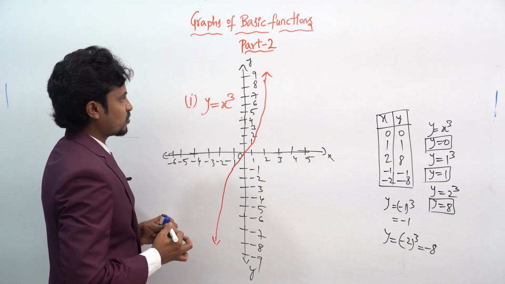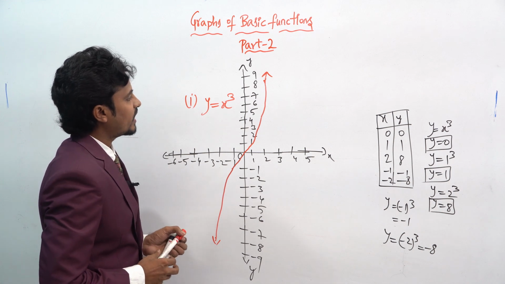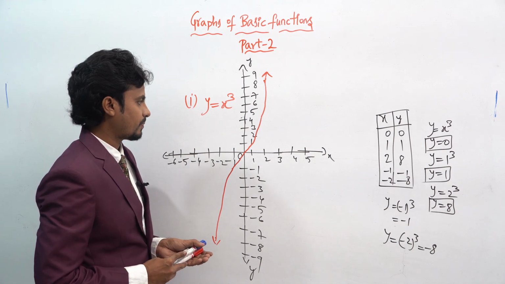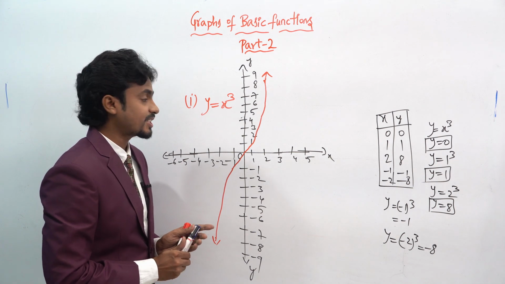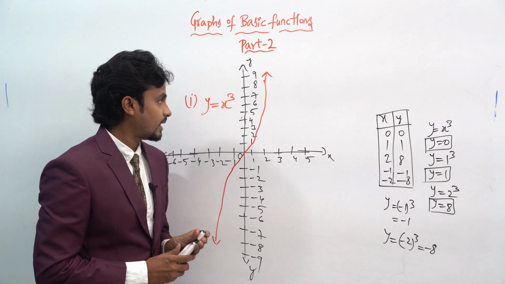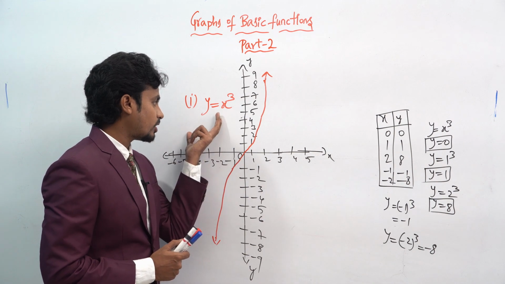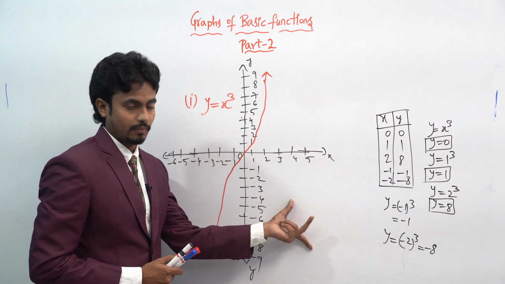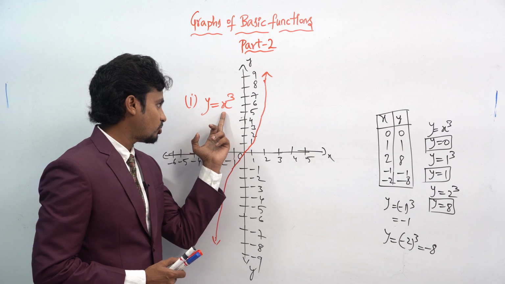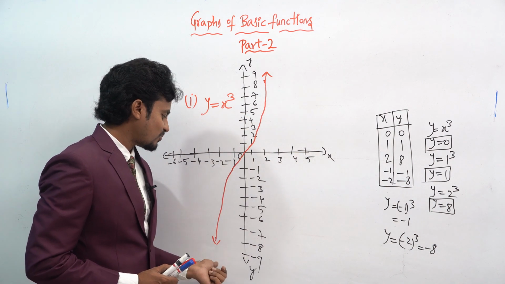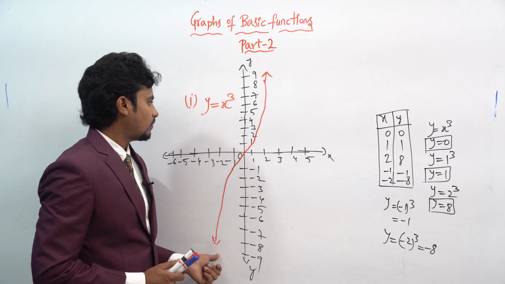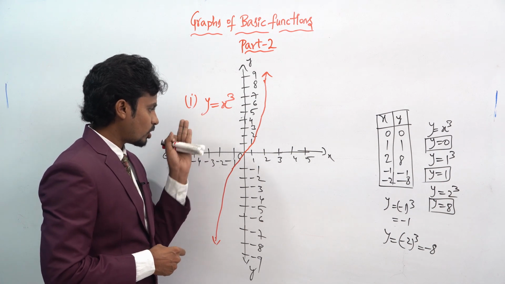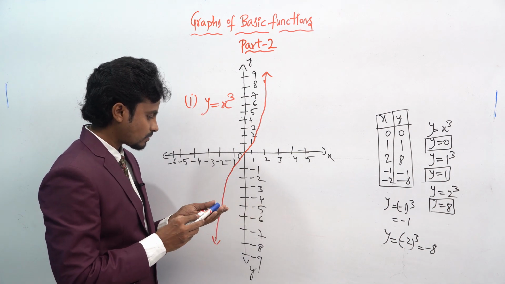Okay, this was the plot for y is equal to x cube. And similarly, if you want to draw y is equal to minus x cube, you will get it in the second coordinate as well as the fourth coordinate. For y is equal to x cube, you get the first coordinate as well as the third coordinate. For y is equal to minus x cube, you get the second coordinate as well as the fourth coordinate.